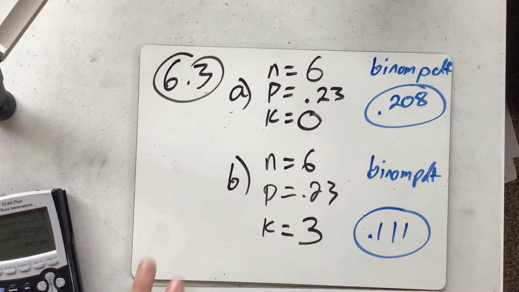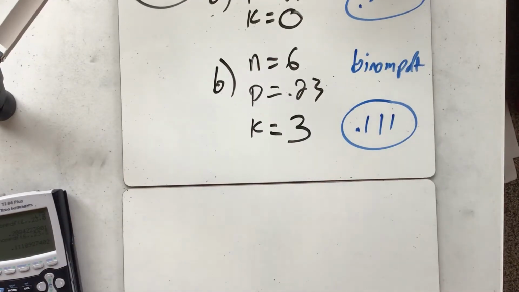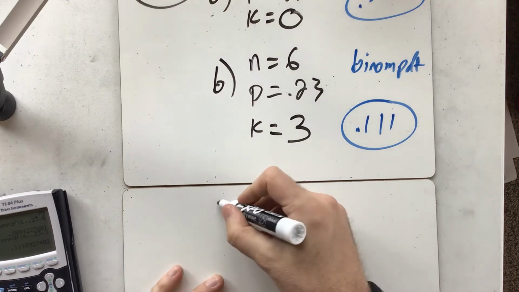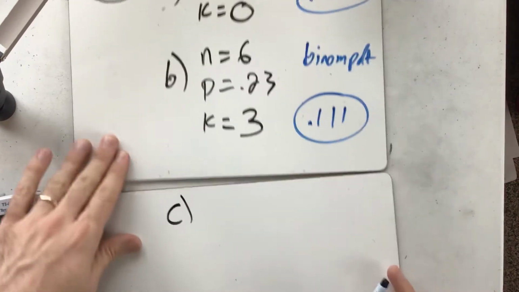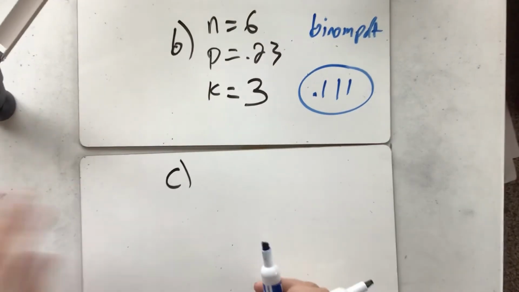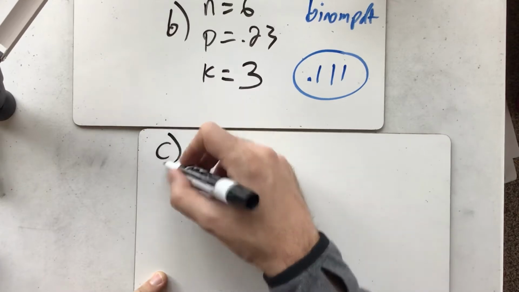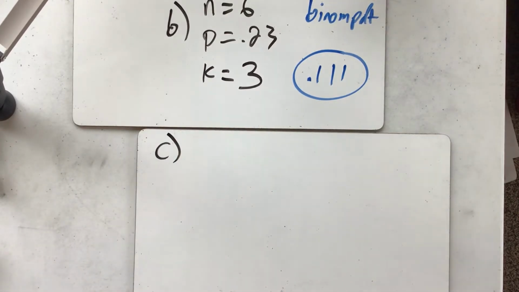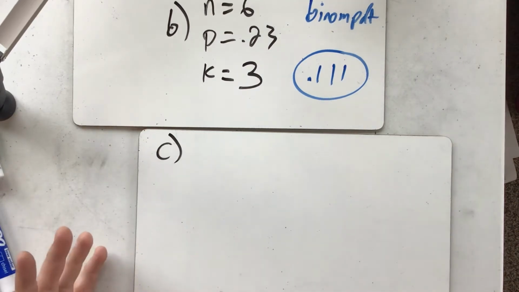Okay. Now, what do we do for part C? So for part C, we're going to find the probability of having 2 or more goals. There's a few ways of tackling this. I'm going to tackle it going from the most complicated to the simplest. So one, what's the probability of finding 2 or more goals?